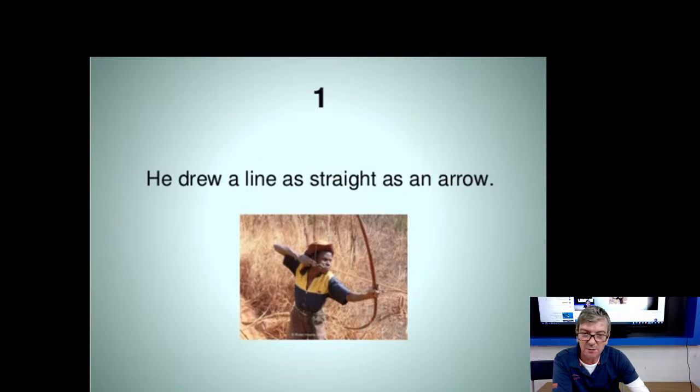Is it understatement? What is it? Oh yeah, very good. Looks like we've got some answers coming through. Yeah, okay, looks like you're all getting that one. So it's simile, that's quite correct. Why is it simile? Because we have as. We're using as in this example.